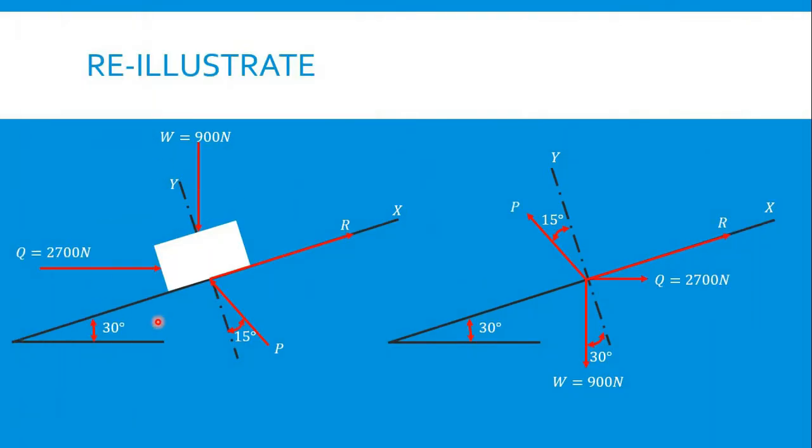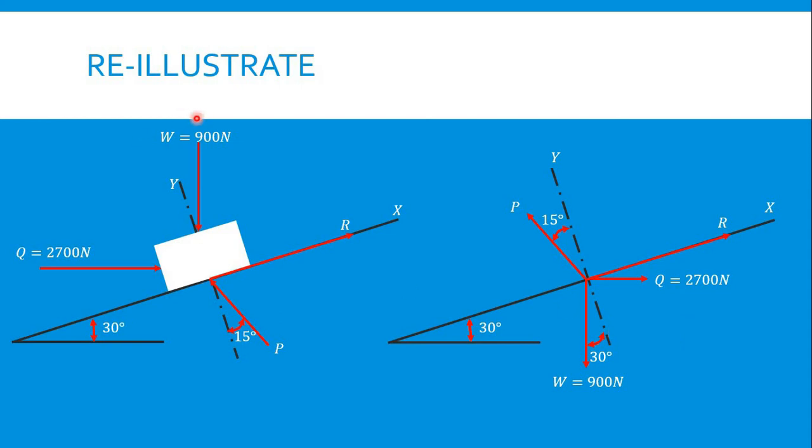So first step, we need to re-illustrate this illustration. Q, which is equal to 2700 Newton, is located in quadrant 2 of the Cartesian plane. We can move this towards quadrant 4 in this new illustration.